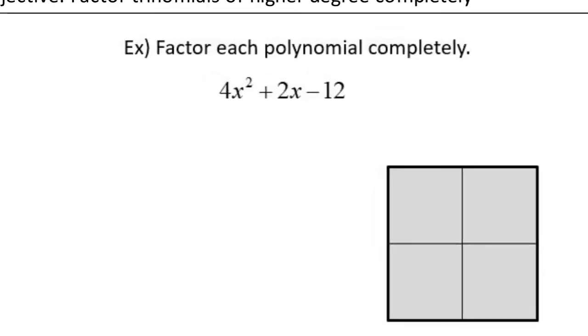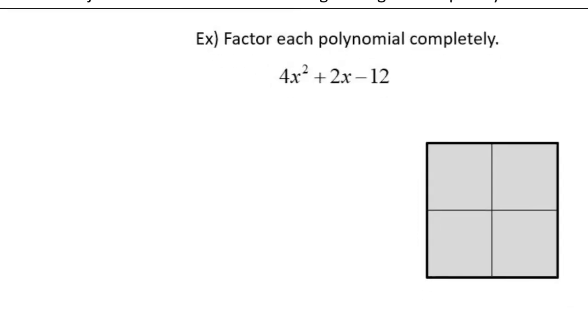All right, so step number 1 is to find a GCF. So if we look at all 3 of those terms, is there anything that I can divide all 3 of them by? Well, I see they're all even, right? That means I can take out a 2 from all of those.